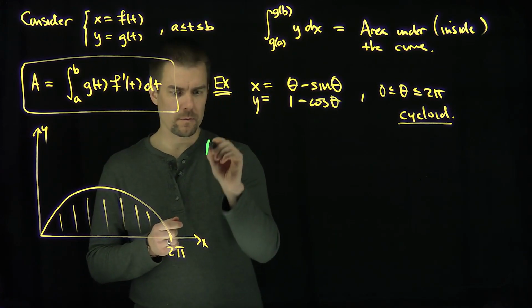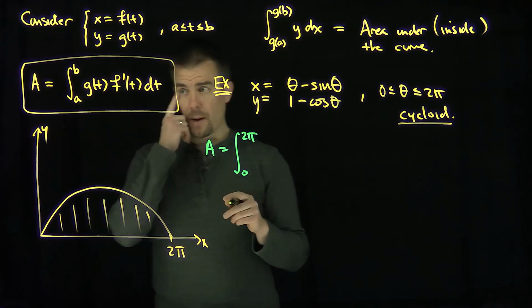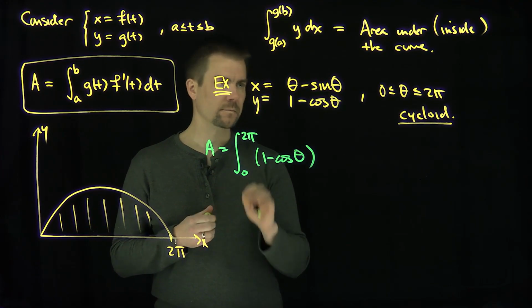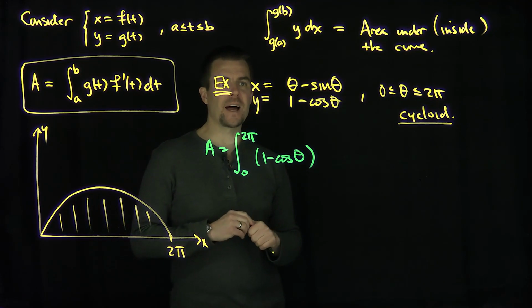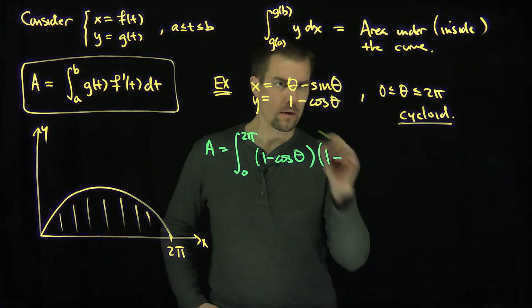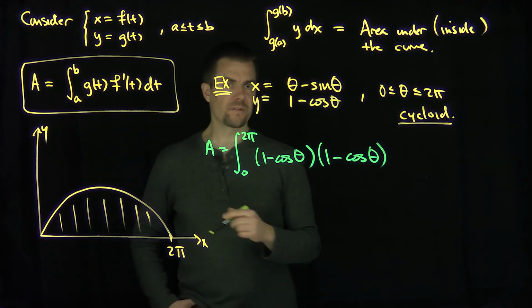So the area is going to be the integral from 0 to 2 pi of my y, which is 1 minus cosine theta, and then my dx. The dx is going to be 1 minus cosine of theta, d theta.